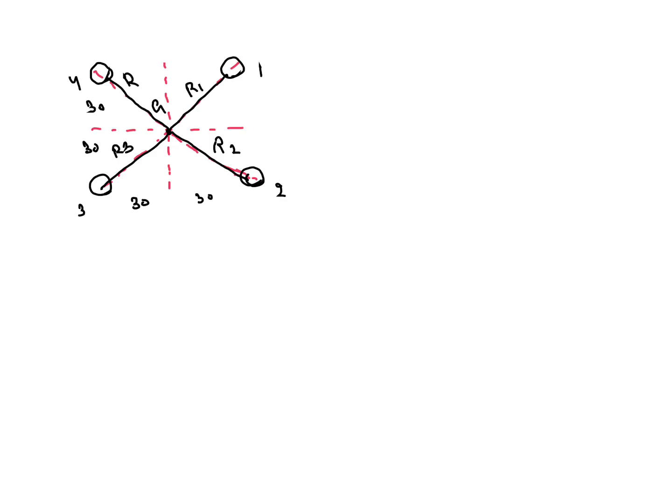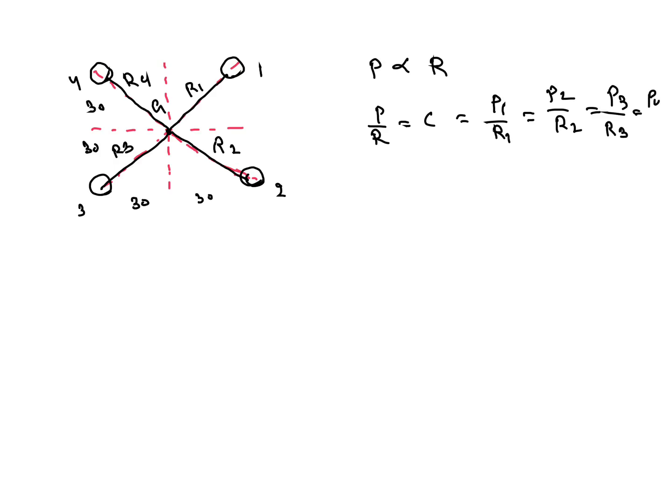We know P is proportional to distance. So P by R is constant. Same for P1 by R1, for rivet 1 and rivet 2, rivet 3 like this. P3 by R3 equal to P4 by R4.